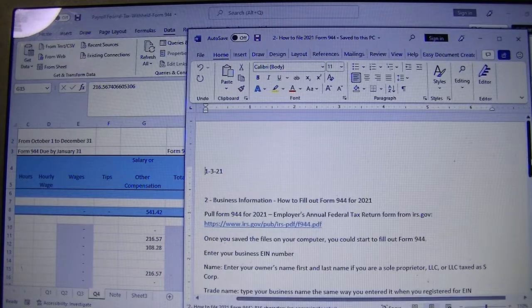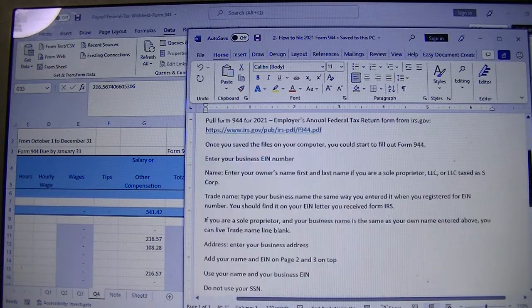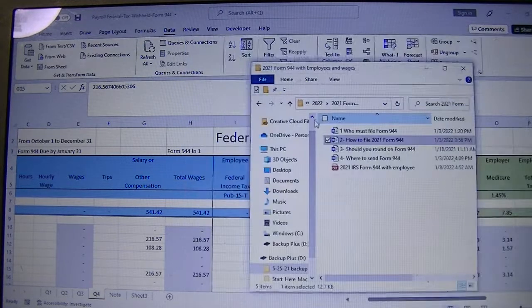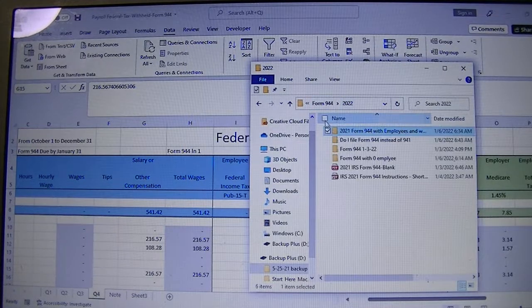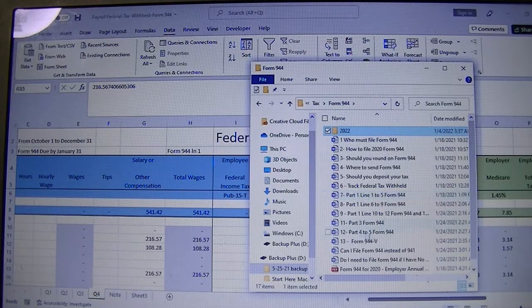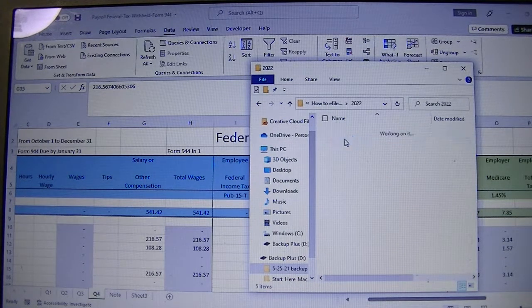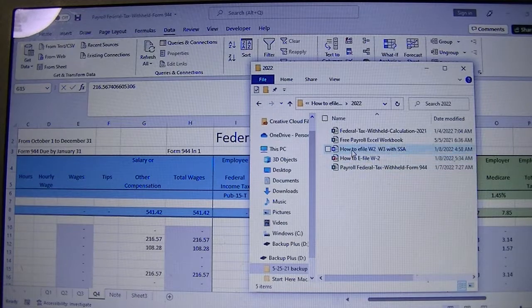Okay. Oh, maybe the SSA. Yeah, the SSA will have that. Okay. So how to file?